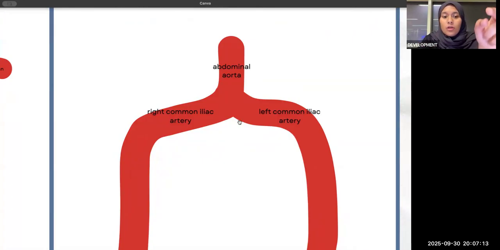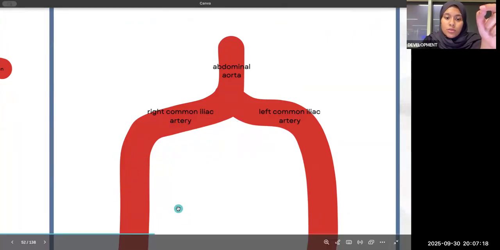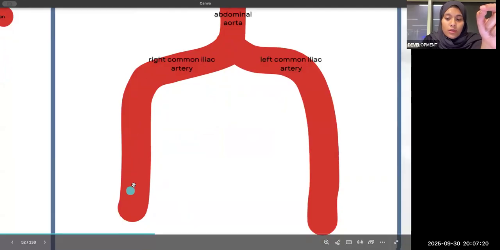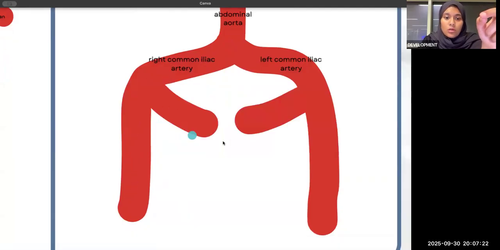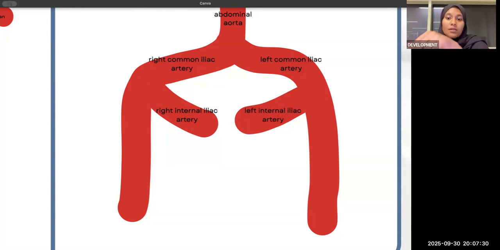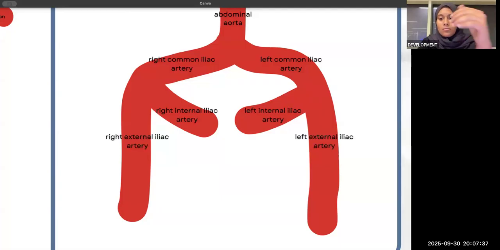Then your right common iliac artery and your left, they will branch into two arteries. It will continue as one over here, but it will branch into one external and one internal. So the one that's internal, we call it your right internal iliac artery and your left internal iliac artery. Same thing, right external iliac artery, left external iliac artery.